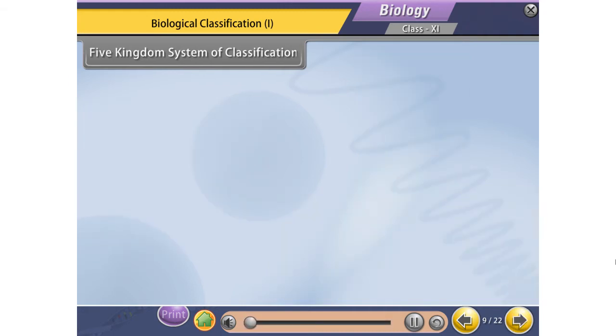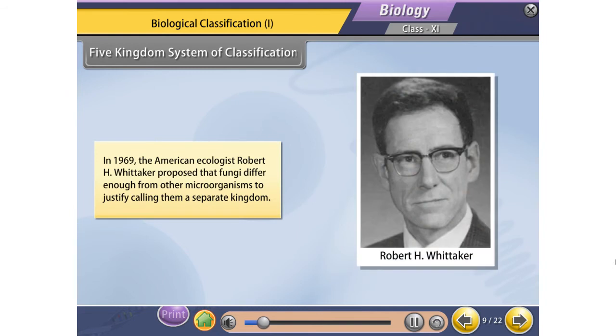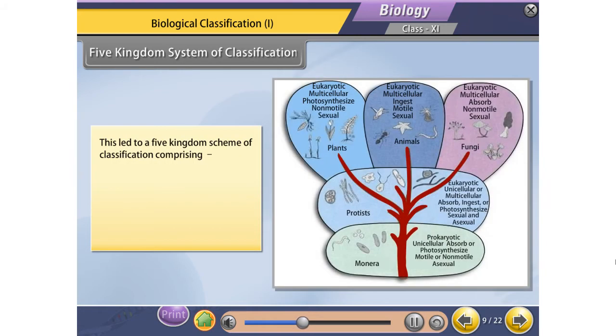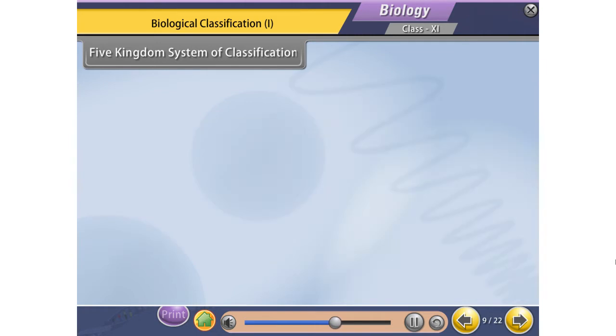5-kingdom system of classification. In 1969, the American ecologist Robert H. Whittaker proposed that fungi differ enough from other microorganisms to justify calling them a separate kingdom. This led to a 5-kingdom scheme of classification comprising Monera, Protista, Fungi, Plantae, and Animalia.